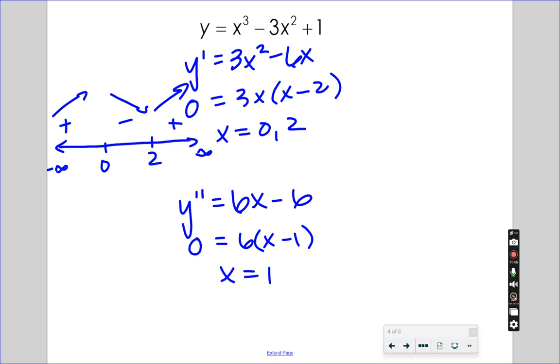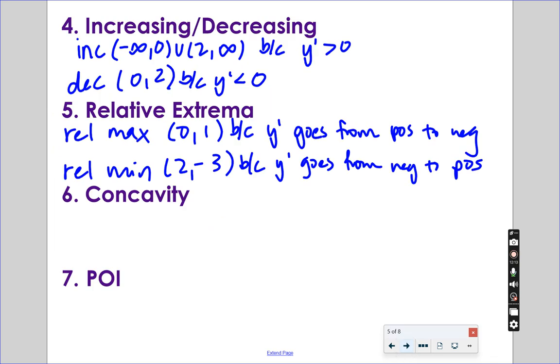Isn't it nice with polynomials, the more you take the derivative, the simpler it becomes? All right, so 1 for my sign line. Plug in values, or think about the end behavior of a linear function. What's this going to be? Negative, positive. 6x would go like this, so I know it's going to start low and end high. All right, so concave down, then switches to concave up.